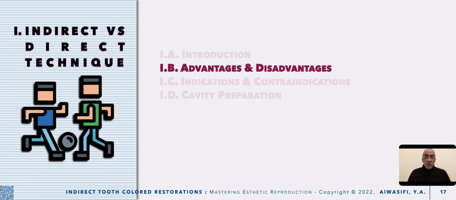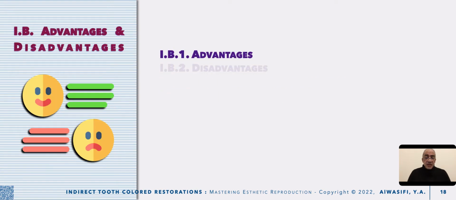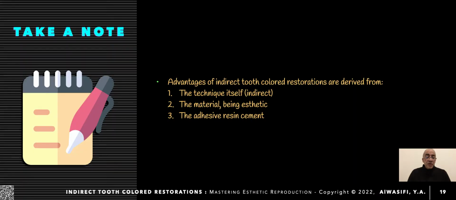That's why, when we are discussing advantages and disadvantages, I would like to remind you that most of the advantages of indirect tooth-colored restoration are either due to the technique itself being indirect, which adds convenience of manipulation and the ability to reproduce color and shade exactly, the material being aesthetic, or the adhesive property, okay, by using adhesive resin cement that adds much more reinforcement of remaining tooth structure than non-adhesive cement.